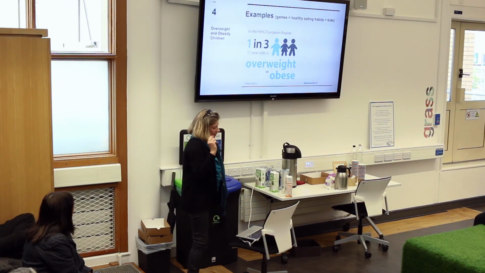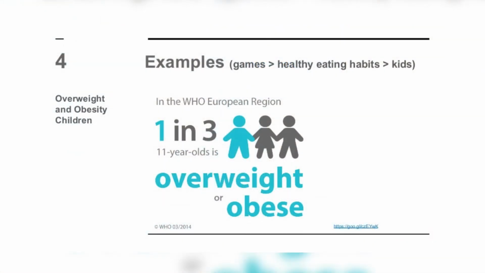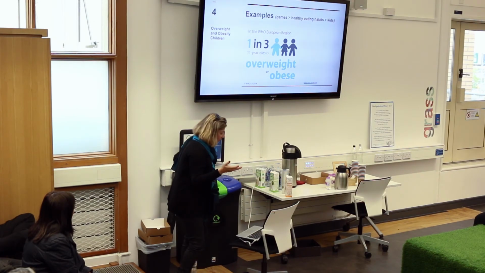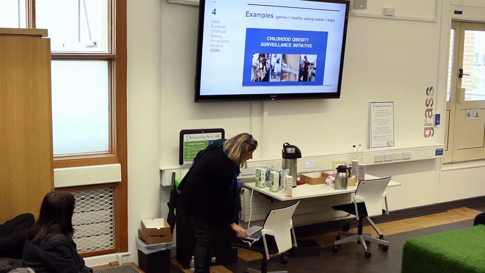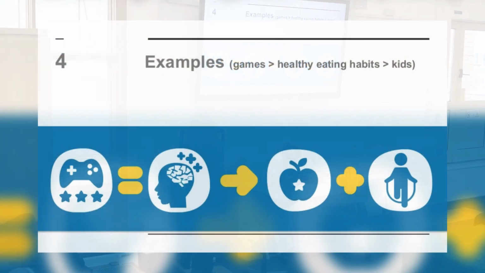Children, overweight and obesity children. In Europe we have a big problem, and 1 in 3 children of 11 years old are overweight and obese. And the idea is to think about a game.